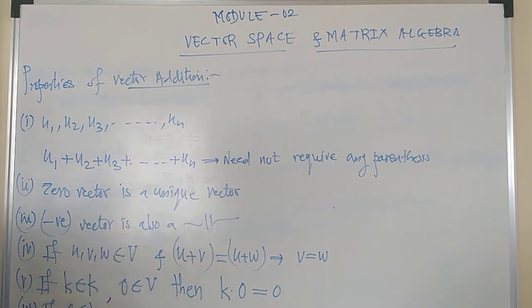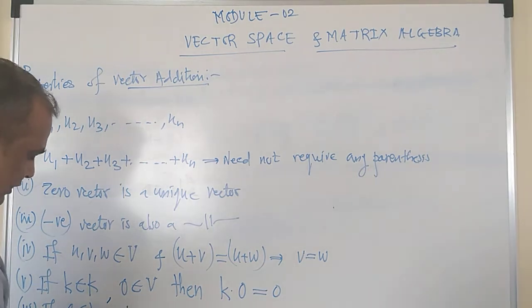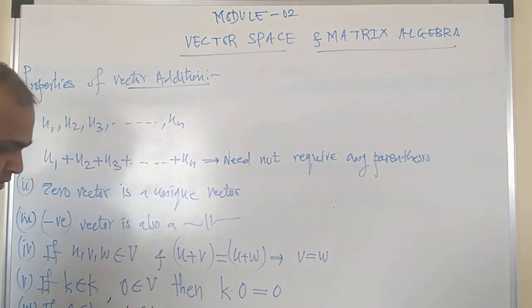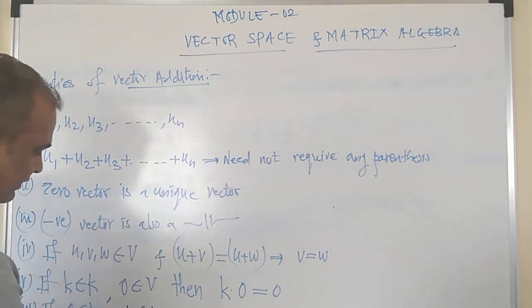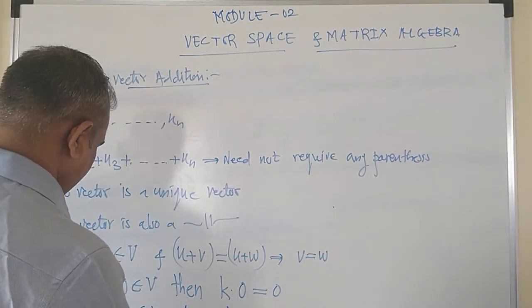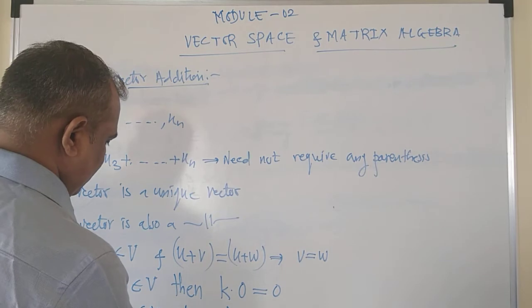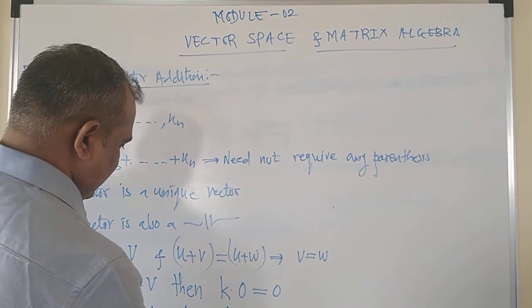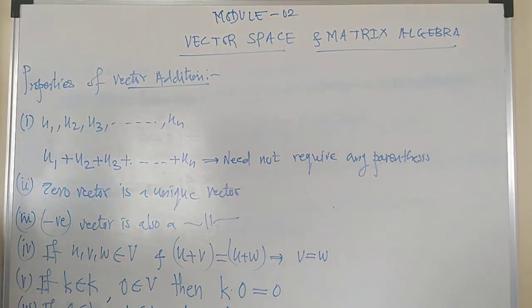Earlier, 0 was a vector, but in this property 0 is a scalar. If this scalar belongs to the field K, and u belongs to the vector field V, then the multiplication of this scalar 0 and vector u is also equal to 0.